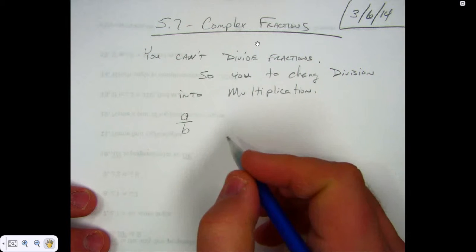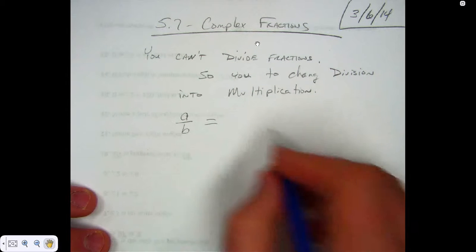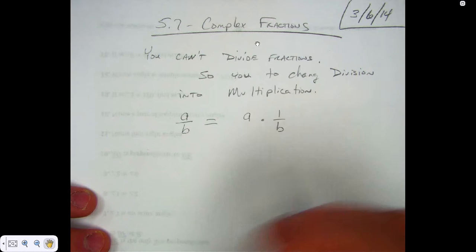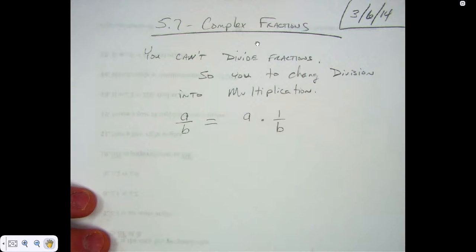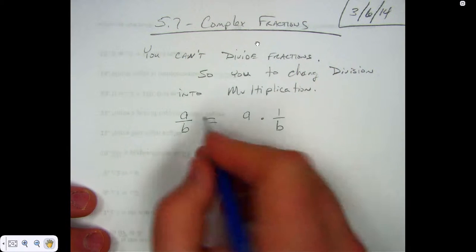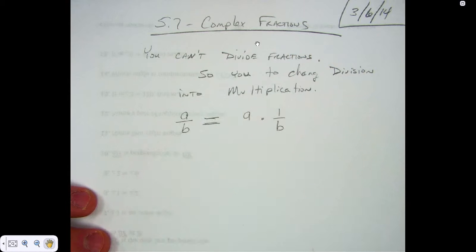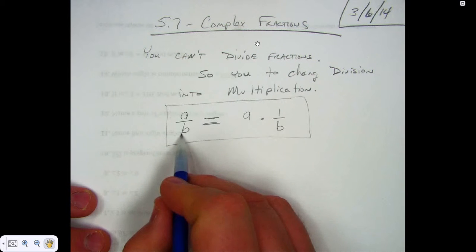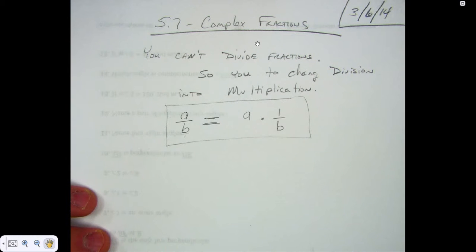A divided by B is the same thing as saying A times 1 over B. Is it not the same thing? Because we take for granted that this is B over 1, we don't realize what you're actually doing there.